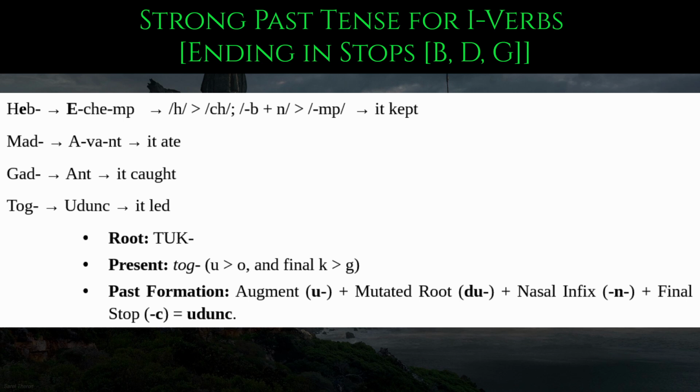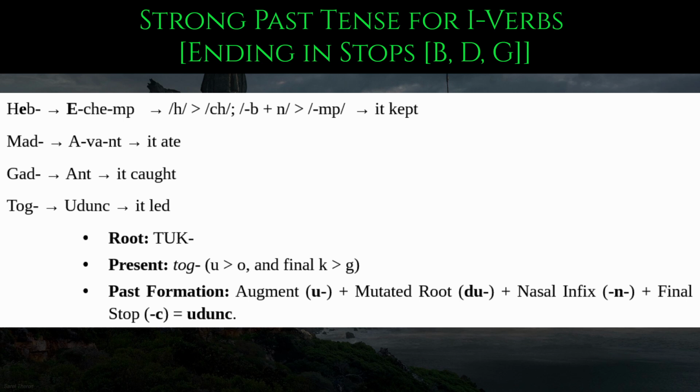Next, we have the e, which is again the vowel of this monosyllabic stem, which is attached at the front. So we have a he. Next, the stem ends in b. We need to add the nasalization suffix n to it. And b plus n, if it is not intervocalic, becomes mp. And that's it, a hemp, it kept.